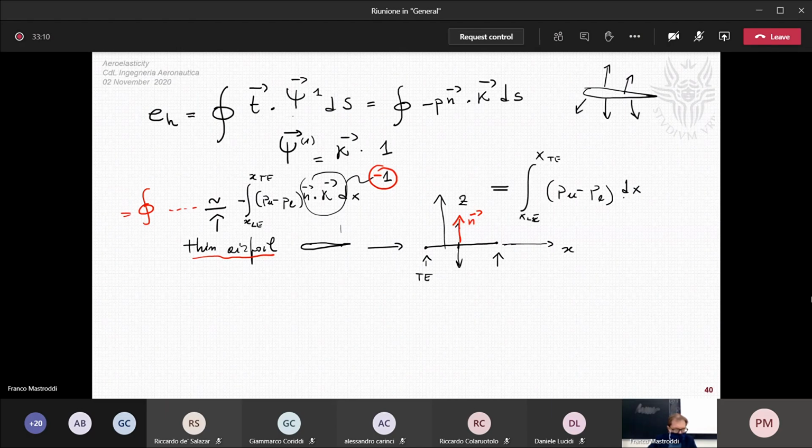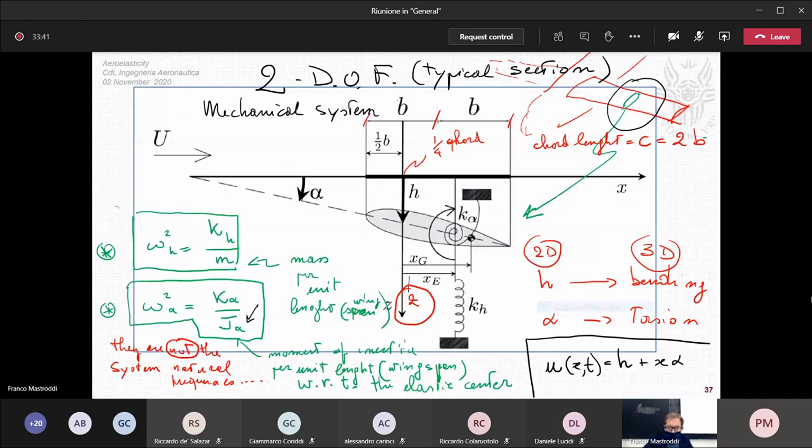And for this reason, this quantity, what is it representing at the moment? This quantity is representing, as generalized force, H, the lift on our airfoil, but in particular as a generalized force associated to this generalized displacement.